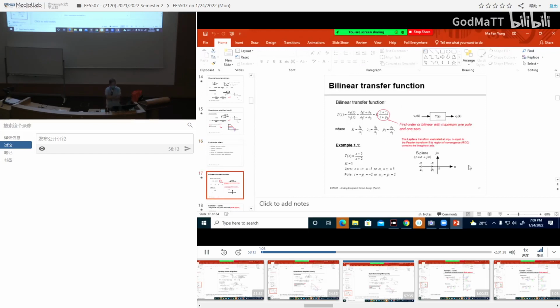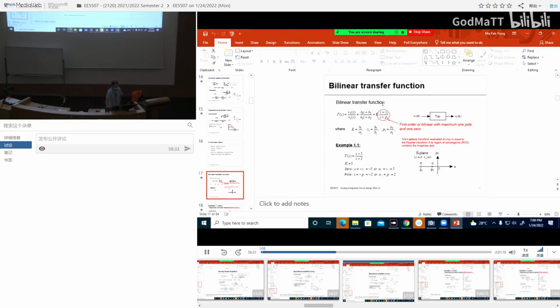Okay, so first, what is a bilinear transfer function? As the name implies, very simple. Your transfer function has got numerator, denominator, and both of them are first order. That means S to the power 1, the maximum power of S is 1.